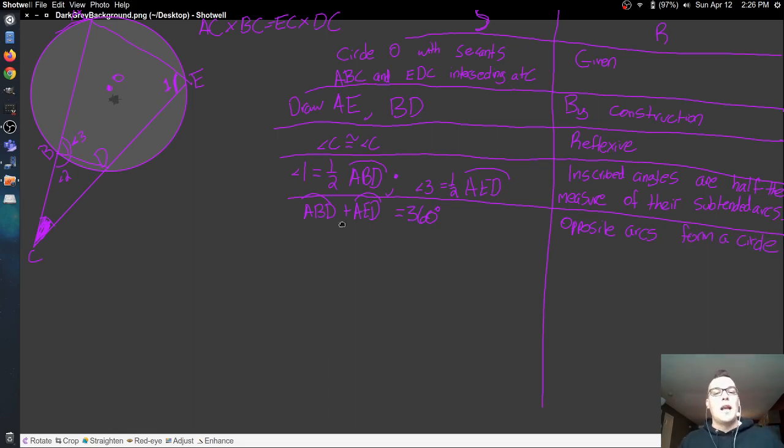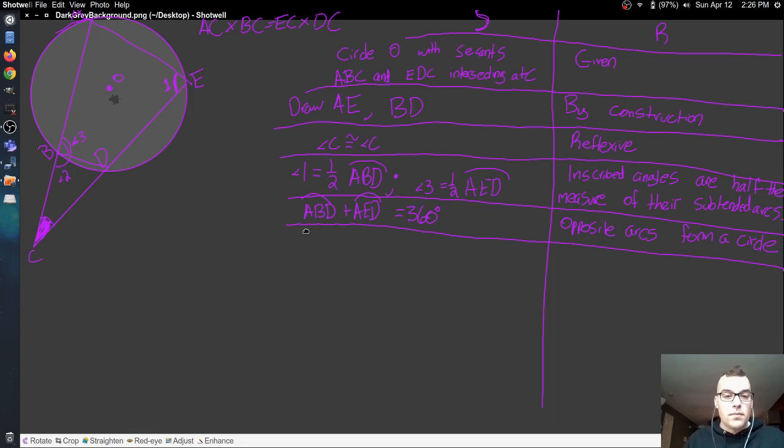So ABD and AED, I could say are opposite arcs by definition, but I'm just going to leave it in here. So ABD and AED add up to 360 degrees. That's good. So then if I have half of each of them, 1/2 of ABD plus 1/2 of AED would have to equal half of 360.